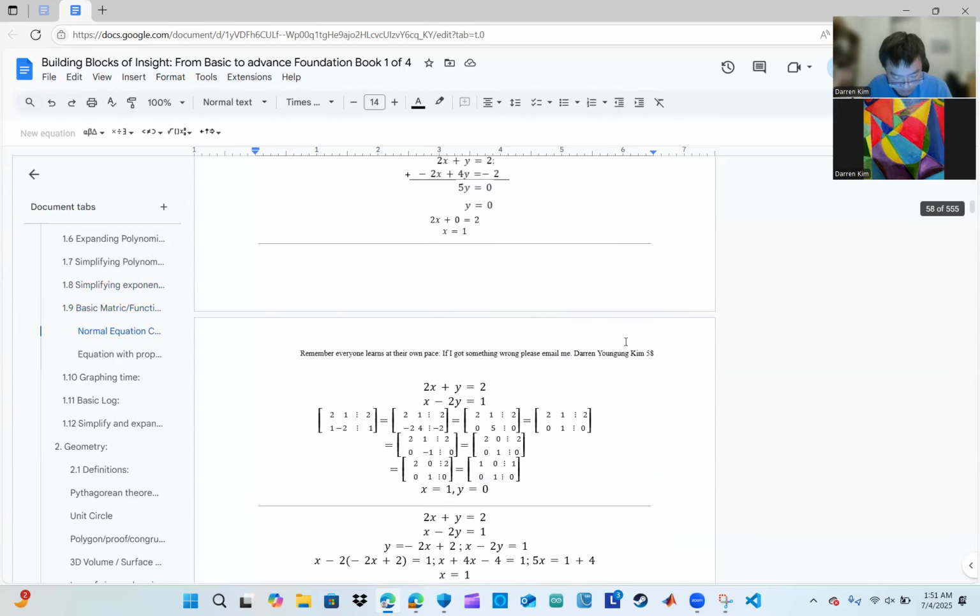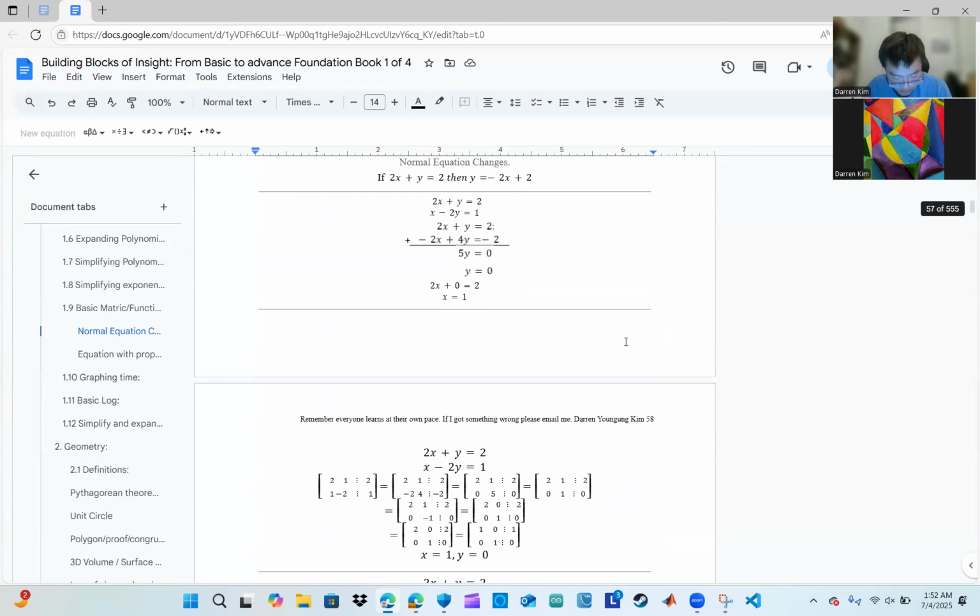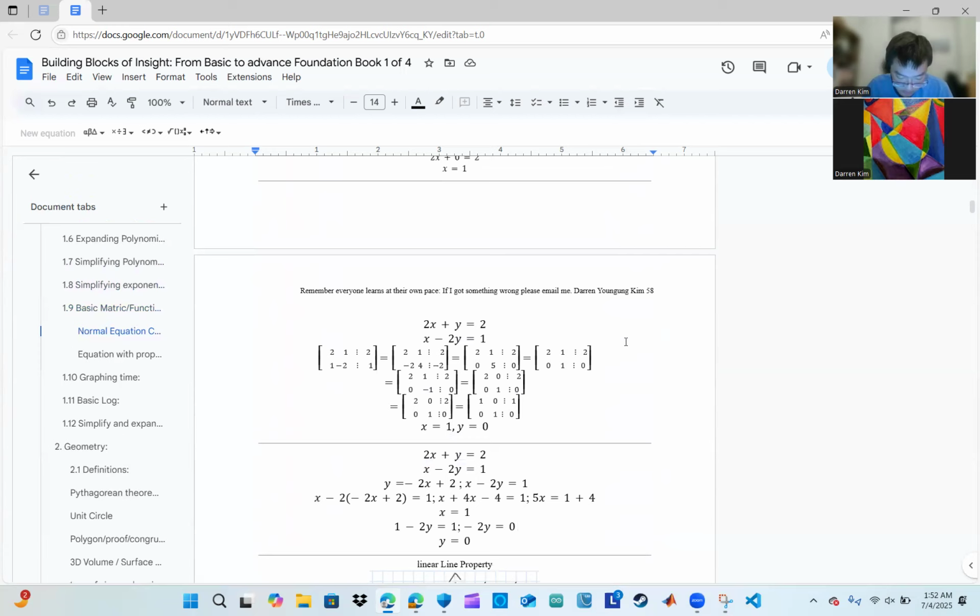And then we go into a little bit of systems. So we can do 2x plus y and x minus 2y equal 1. You can have either one solution, infinite solutions, or no solution, because we're dealing with 2D at this point in time.